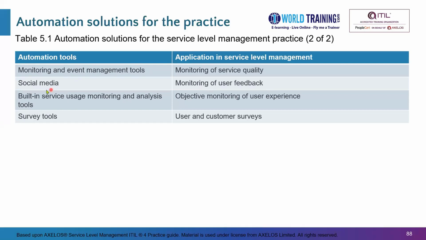And then we have a couple of simple other tools, such as the social media, wherein users might be putting some feedback about a service provider regarding how they are meeting the service levels or not. And that can be monitored using social media. And then the survey tools are for periodic surveys or event-based surveys that can be sent out to users and customers from time to time, or event-based. So these are the various automation solutions for the practice.